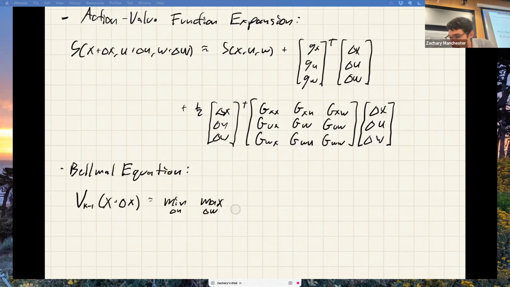Okay, so this thing, we're going to just write out the pieces. So this is the constant piece. Then we're going to get the gradient terms.